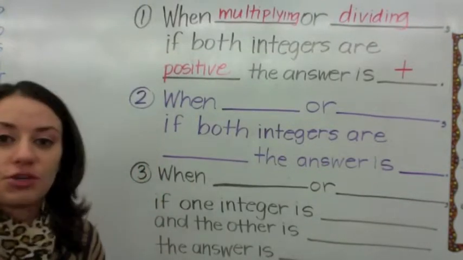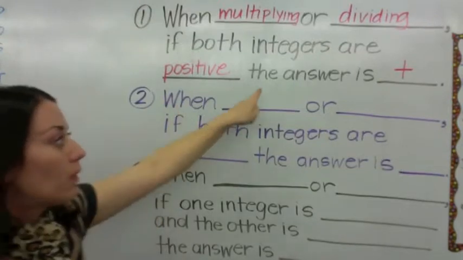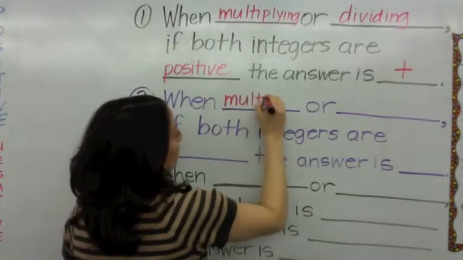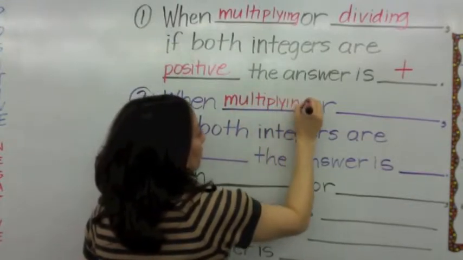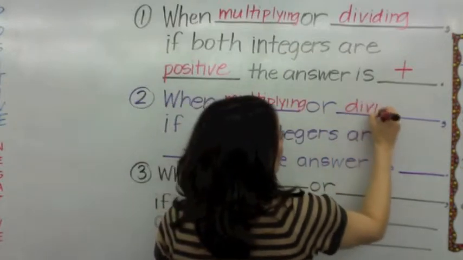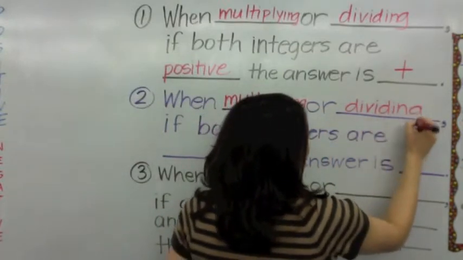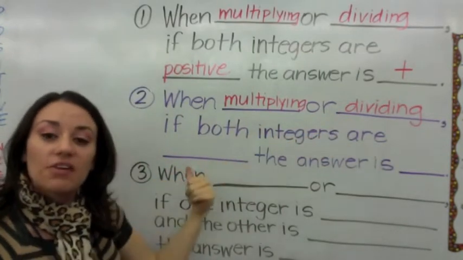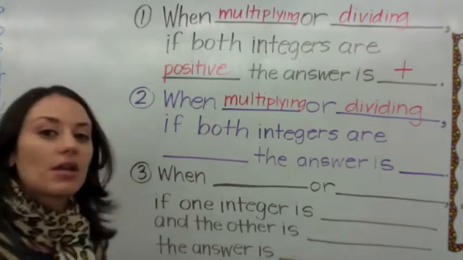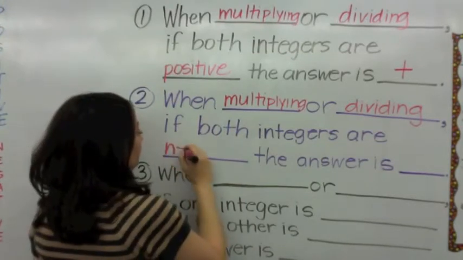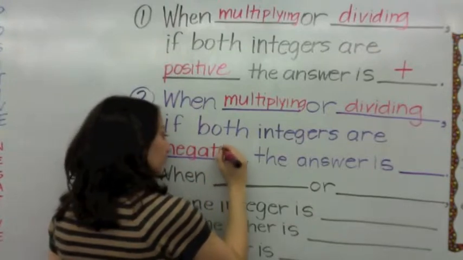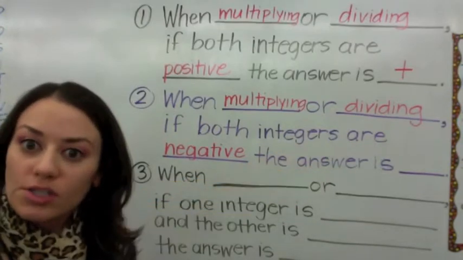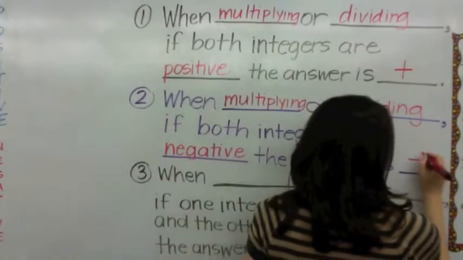Let's talk about rule number 2. Again, when we're multiplying or dividing, if both your integers are negative, the answer will also be positive, and that's the difference.